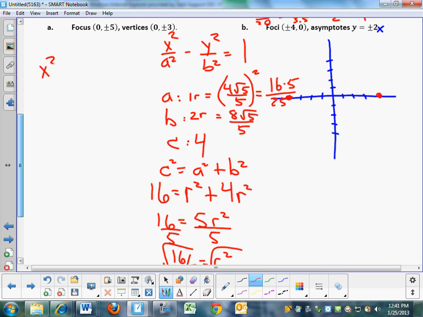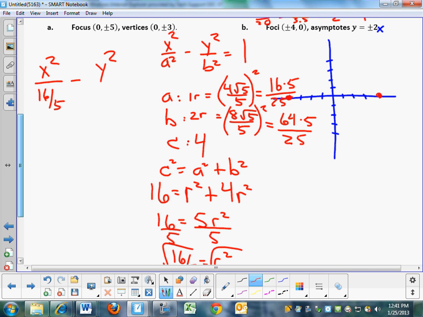So I could write it as x squared over 16 over 5 minus, let's square the b value now, 8 squared is 64 times again 5 over 25. That will reduce to what? 64 over 5.